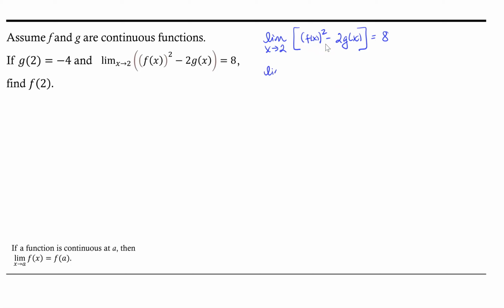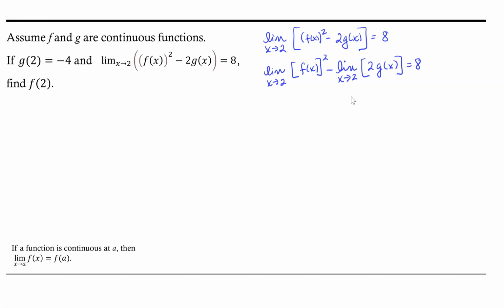So we have the limit as x approaches 2 of f of x squared minus the limit as x approaches 2 of 2 times g of x. And we know that that is equal to 8.